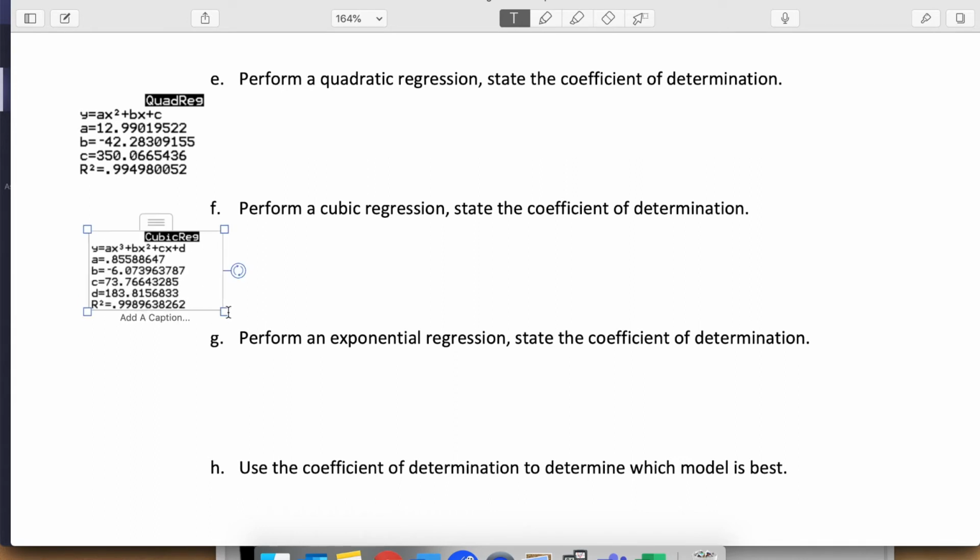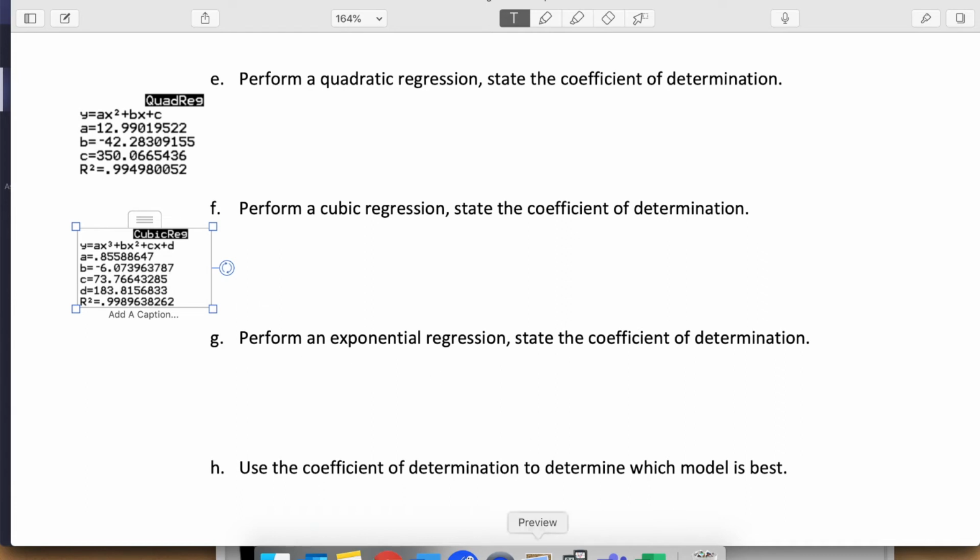This time I get an r squared of 0.9989. And notice all these values here. We've got the cubic regression of ax cubed plus bx squared plus cx plus d. But it's really the r squared at this point that we want, to find out if it's the best representation. If you compare them, they're very close, but this one is going to be a stronger correlation.